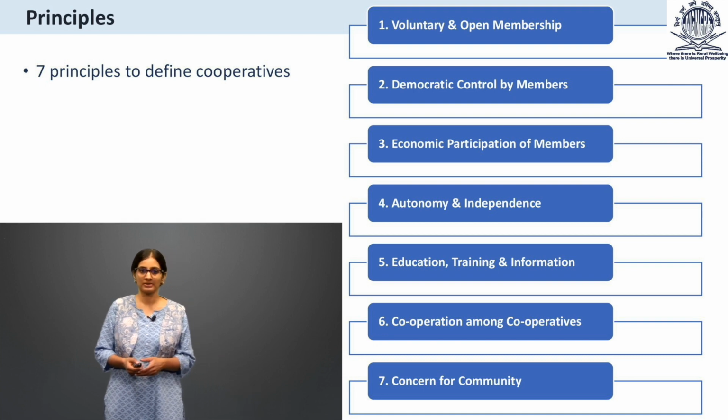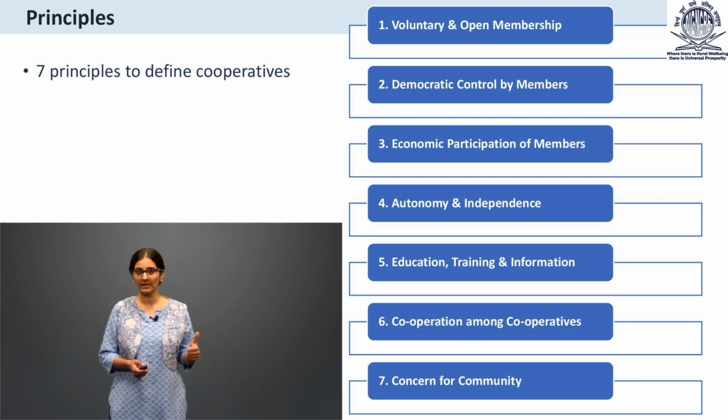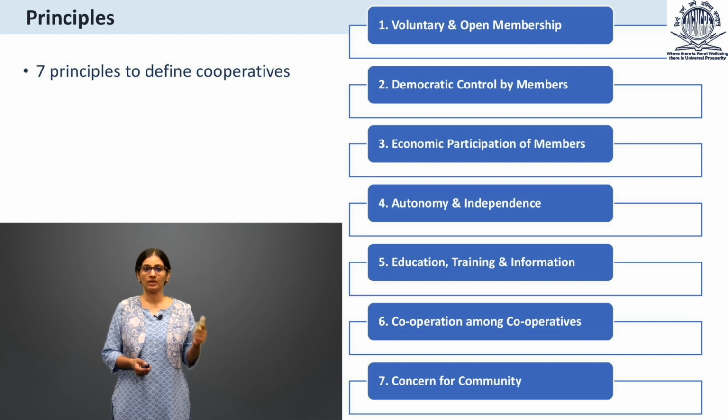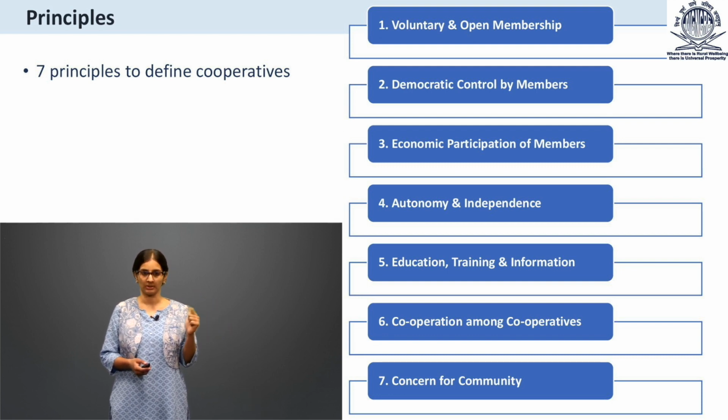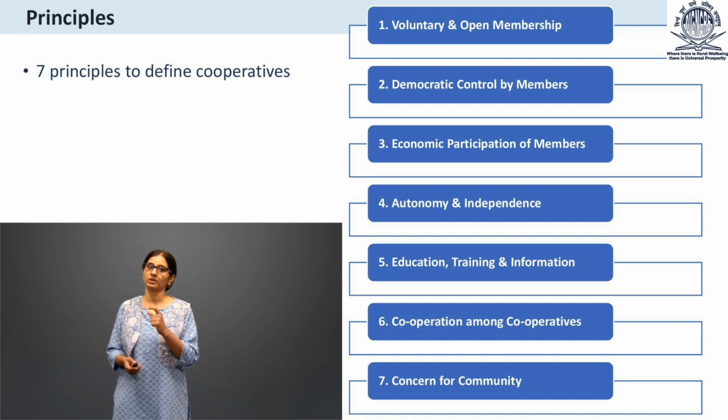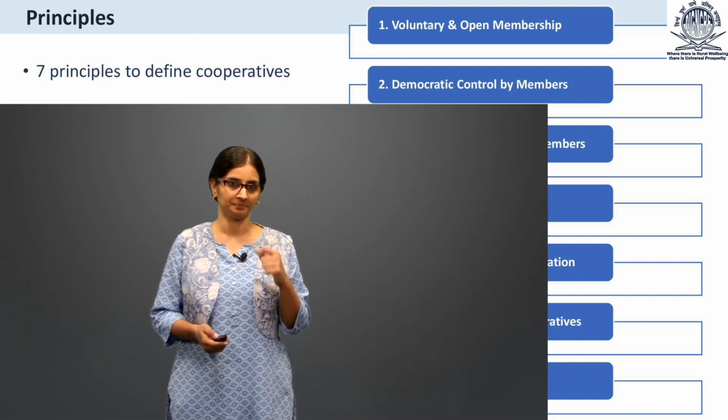The 7 principles are: voluntary and open membership; second, democratic control by members; third, economic participation of members; fourth, autonomy and independence; fifth, education, training and information; sixth, cooperation among cooperatives; and seventh, concern for community. We will go through each of these one by one.